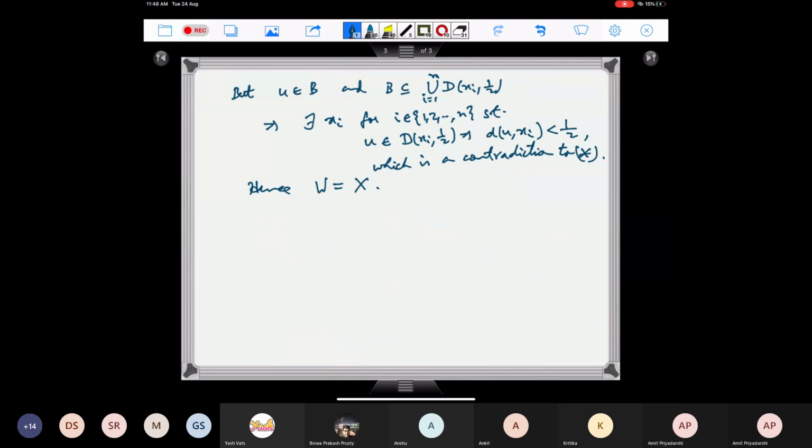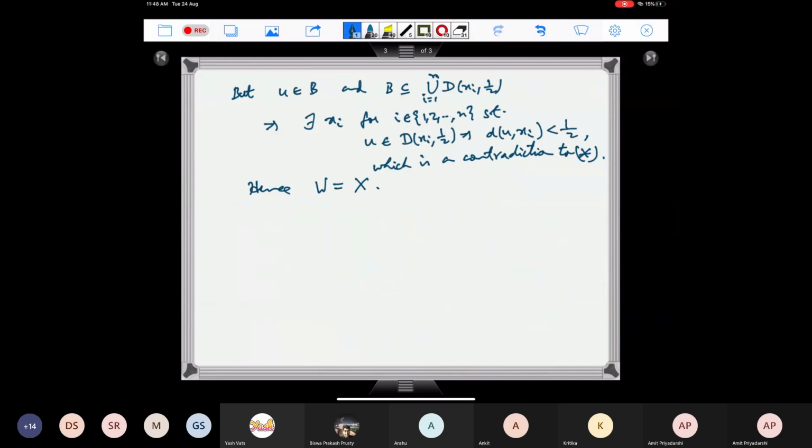So Riesz's lemma was the crucial thing that is needed to prove this theorem. This shows that for any infinite dimensional normed linear space, its unit ball is not compact. But for some particular examples, you can directly also show that it is not compact.